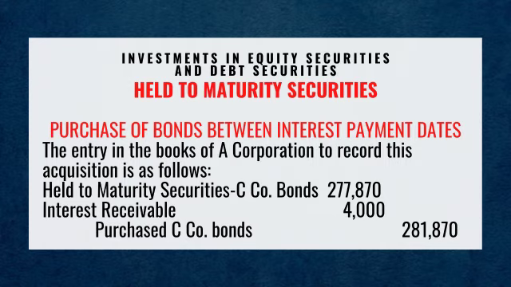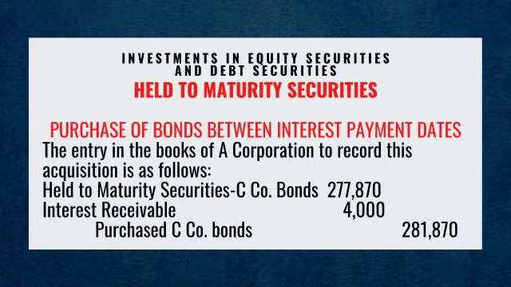The entry in the books of A Corporation to record this acquisition is as follows. Debit held to maturity securities C Company bonds 277,870 pesos. Debit interest receivable 4,000 pesos. Credit cash for 281,870 pesos.